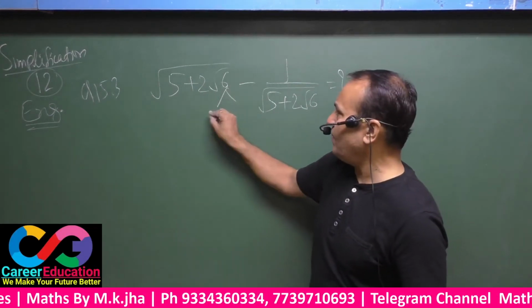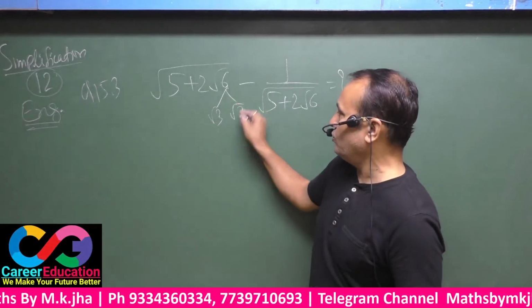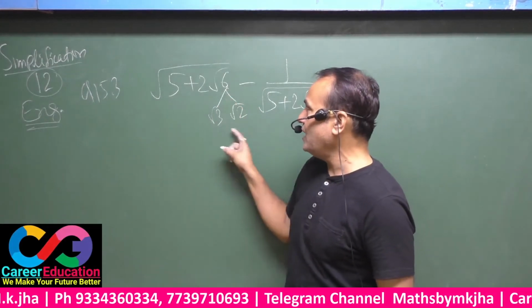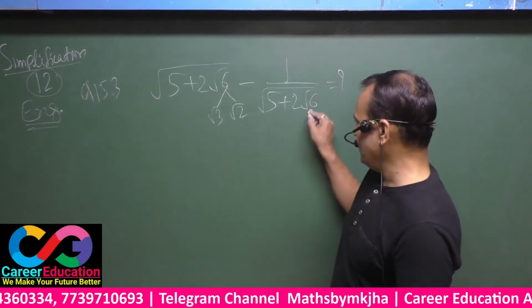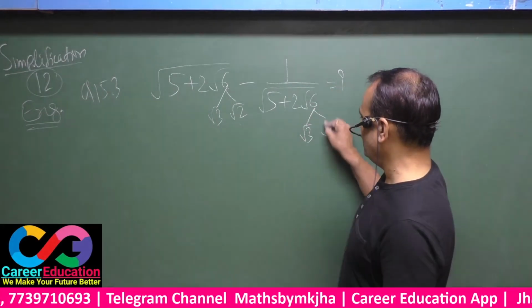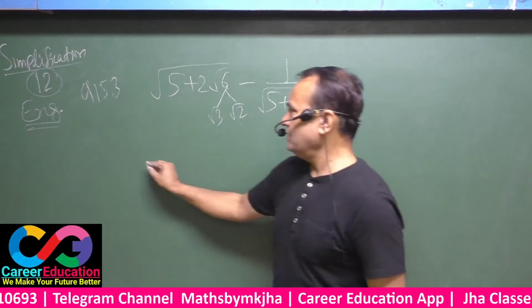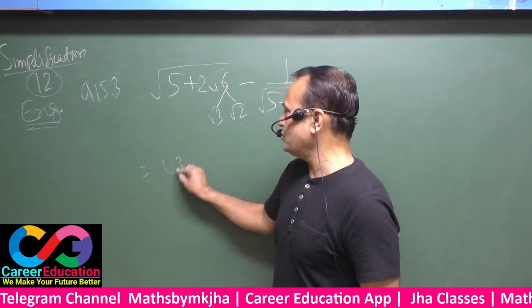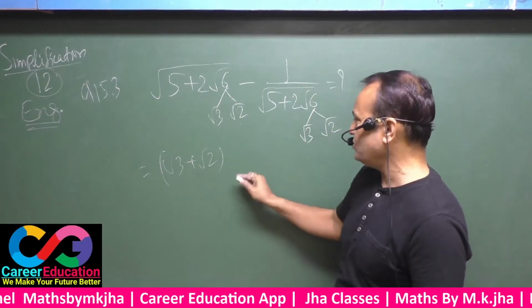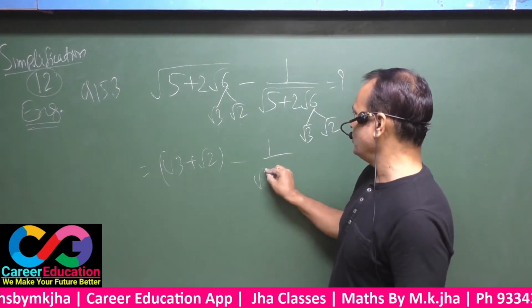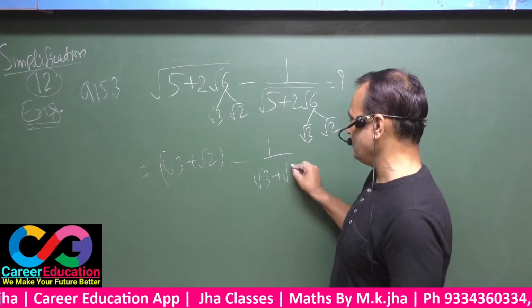That means you have to point out root 3, root 2. After multiplication this is root 6, and after squaring and adding, this is 5. Similarly, root 3, root 2 must be here as well. This is root 3 plus root 2 whole square under root. That means only this, and this is root 3 plus root 2.